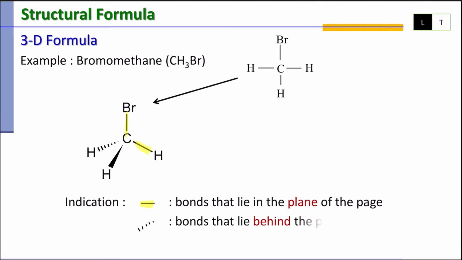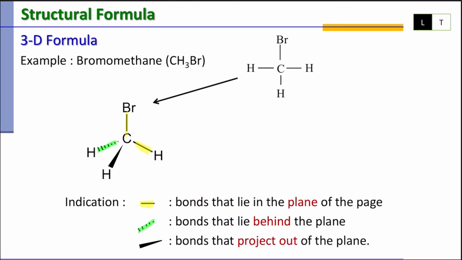So ini wedges yang menunjukkan lie behind. So lie behind ni yang mana? Yang ini. Okay. So kita akan buat dash macam tu. And then last one kita ada wedge. So wedge dekat sini adalah untuk tunjuk bonds that project out of the plane yang kita rujuk di sini. So ini adalah cara kita draw dalam bentuk 3D.